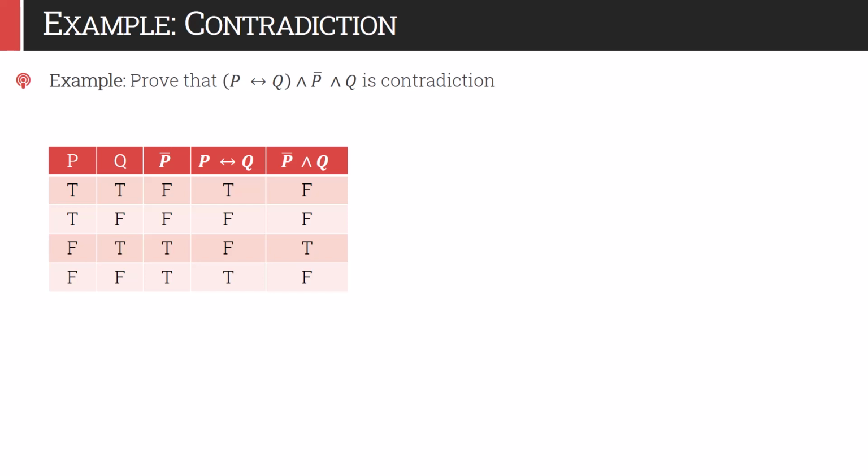In the other three rows, one of them is false, and hence the conjunction would be false. And then we have to take conjunction of that with Q. So this is the entire statement. And as you can see, for any value of P and Q, the given statement remains false every time, and hence this statement is a contradiction.